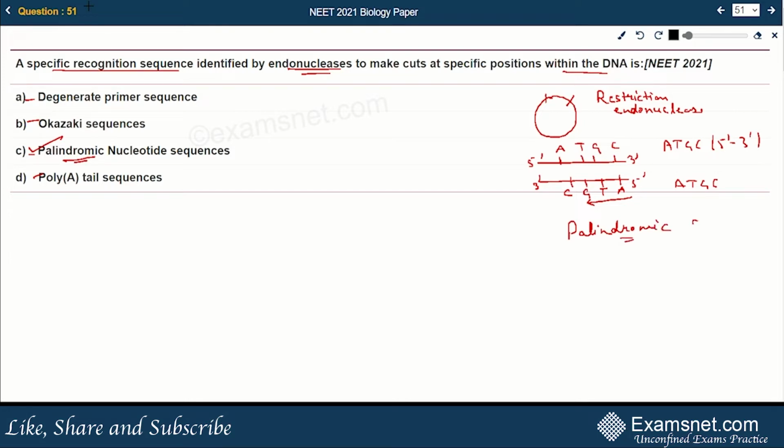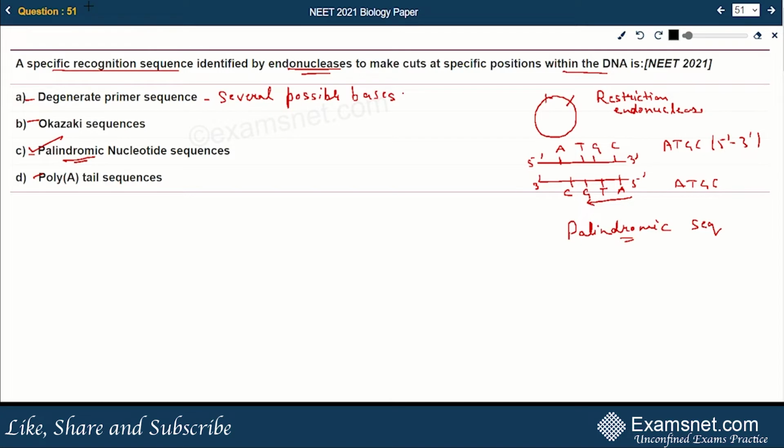Now let's see the other options. Option A says degenerate primer sequence. So what is degenerate? A PCR primer sequence is called degenerate if some of its positions have several possible bases. Now, what is Okazaki sequence?